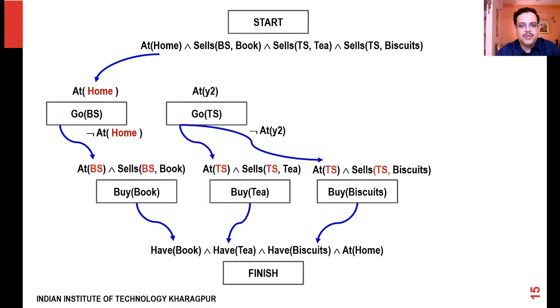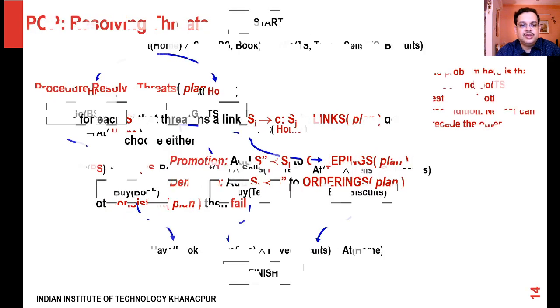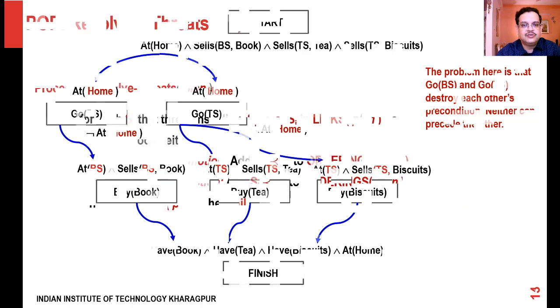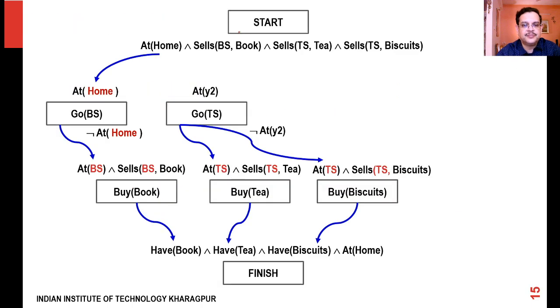So just let me go back here. So here what we found was that there is no way to execute it. So what do we do? As I said, we have to go one step backwards. So what we do here in terms of going backwards is that we remove this link. We say that, okay, let me get rid of this link. So the step that I reach is here.